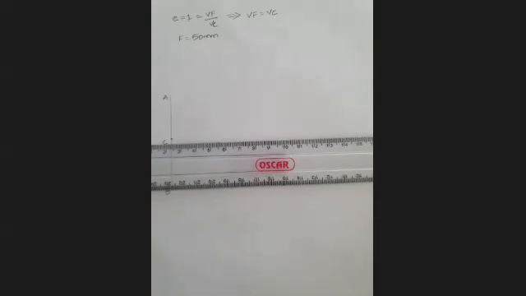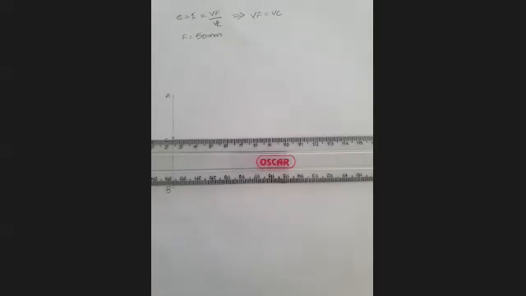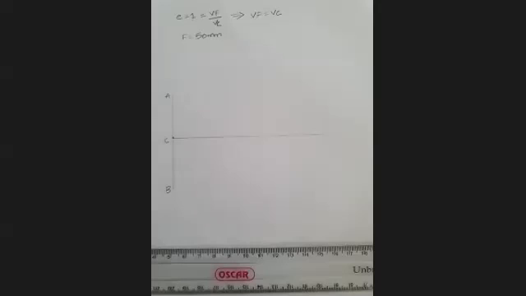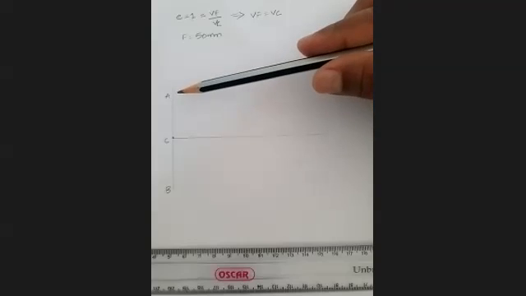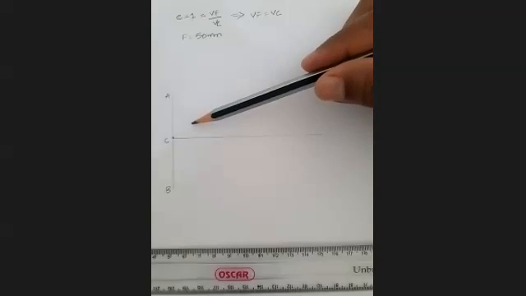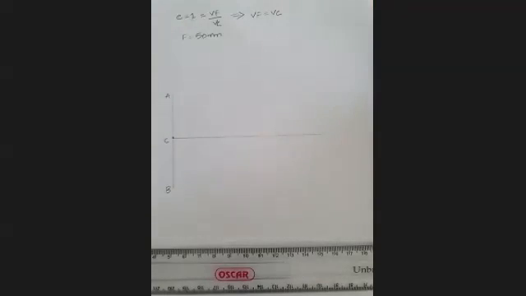Need not be at the middle, you can select wherever you feel comfortable. After that, through C, you draw a horizontal line, right? So this vertical line is called your directrix, and this horizontal line is the axis, right? The axis line is also of any length.